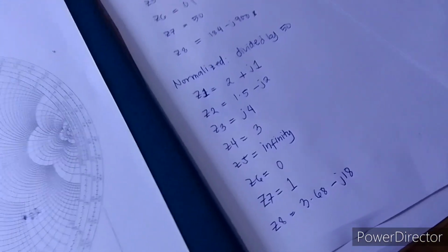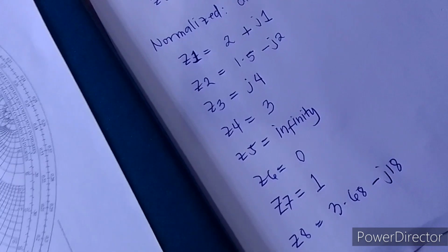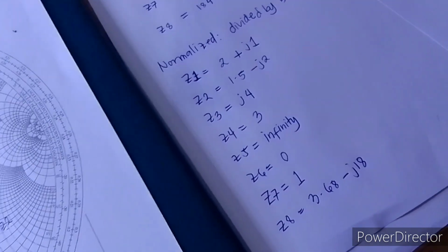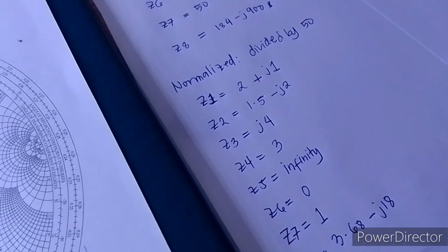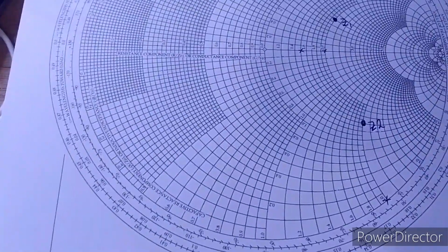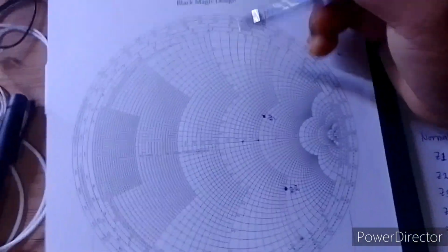Now we have to plot the impedance Z3, which is j4. Since there's no R here, we are going to just plot the 4. We're going to locate the 4 here. Since this is a positive j4, we're going to locate that one in the upper hemisphere.